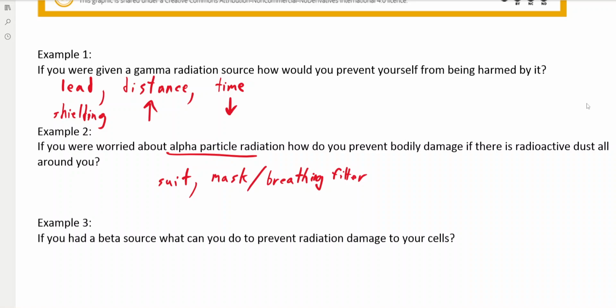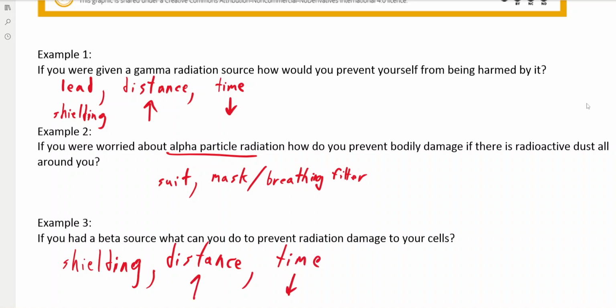Okay, and example number 3. If you had a beta source, what can you do to prevent radiation damage to your cells? Well, you can do basically all the same things as we did previously. Some shielding of some sort, increase the distance, and decrease the time.